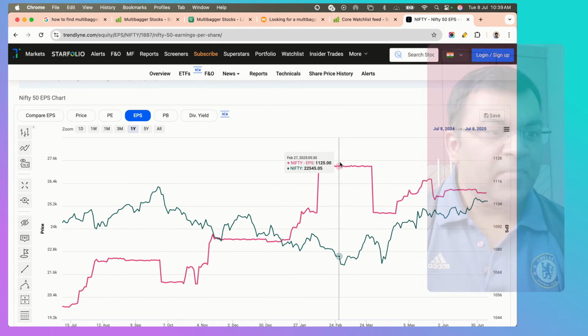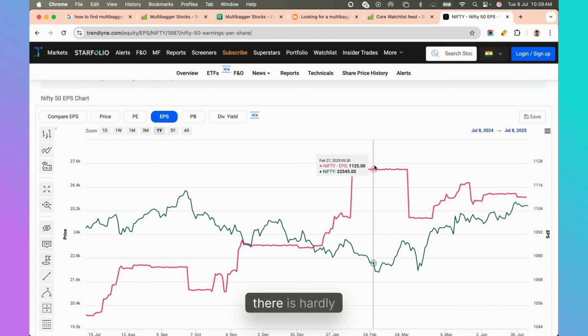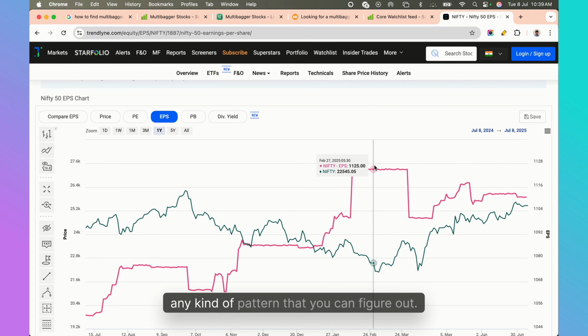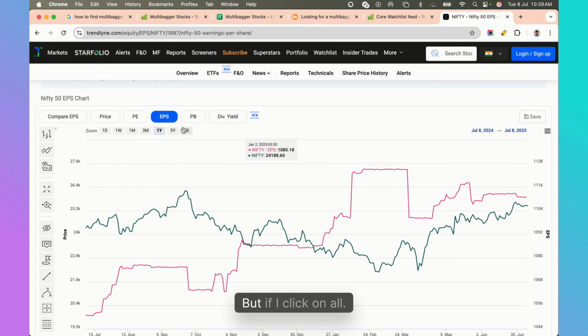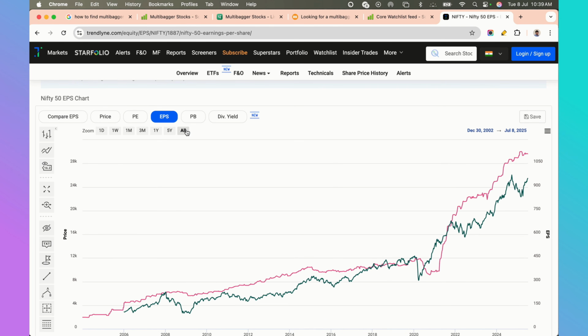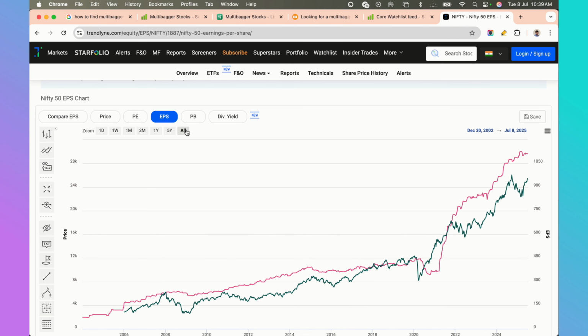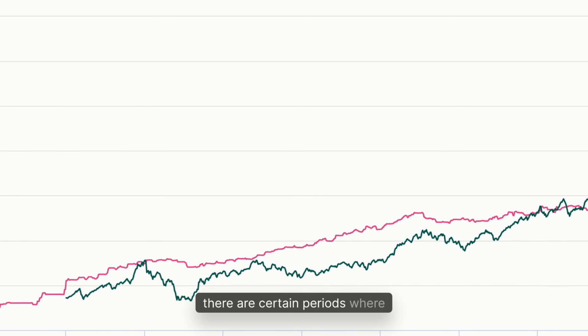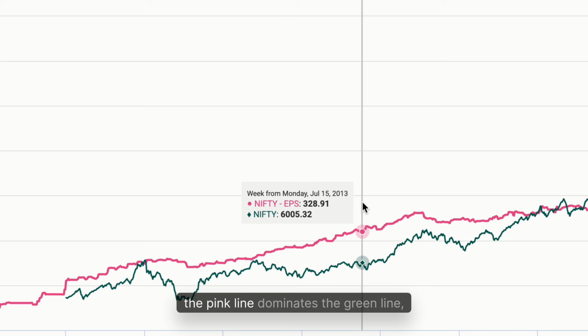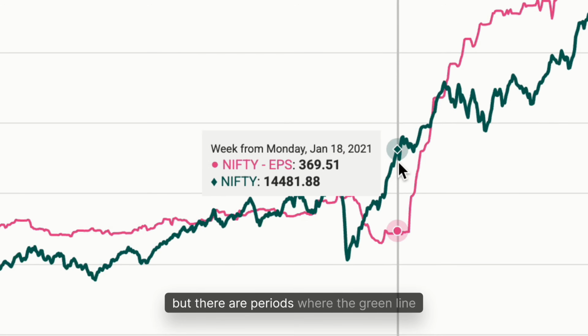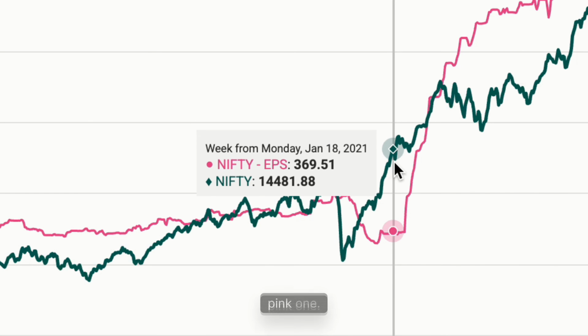When you look at it over a 1 year period, there is hardly any kind of pattern that you can figure out. It seems like two random lines. But if I click on all, now look at this. The pink line and the green line look like mirror images of each other. There are certain periods where the pink line dominates the green line, but there are periods where the green line dominates the pink one.